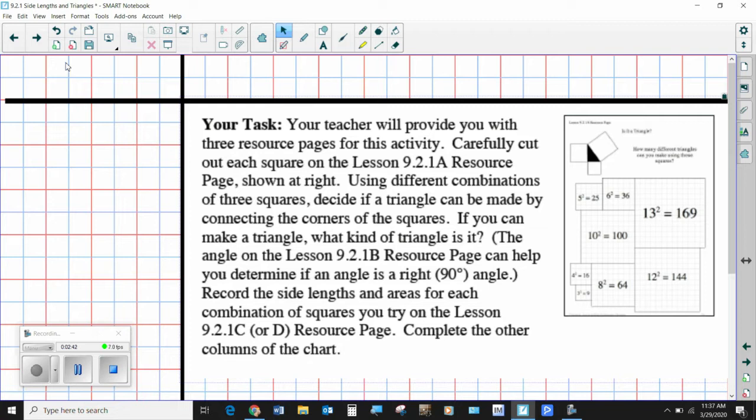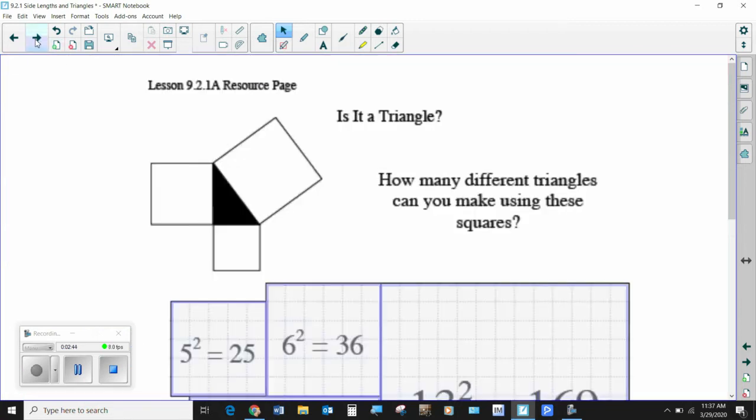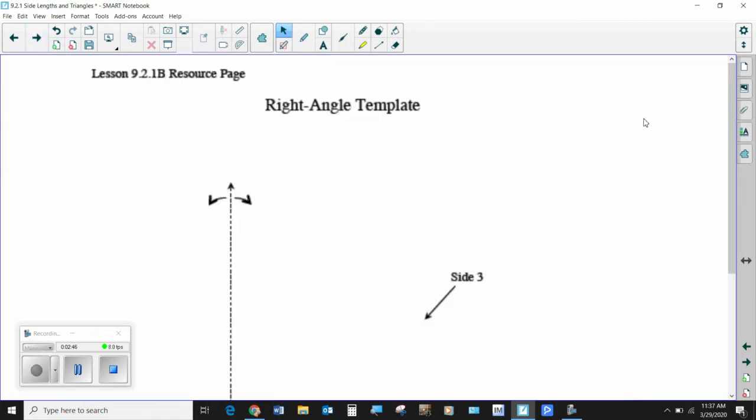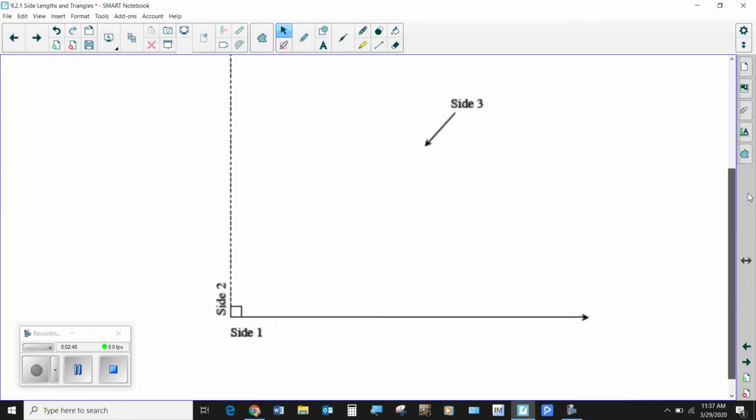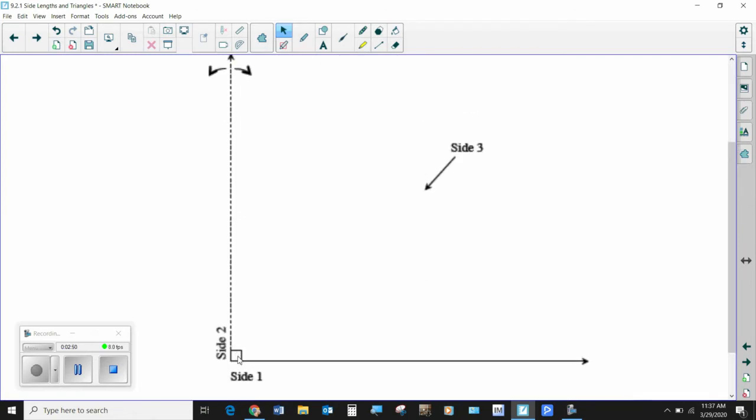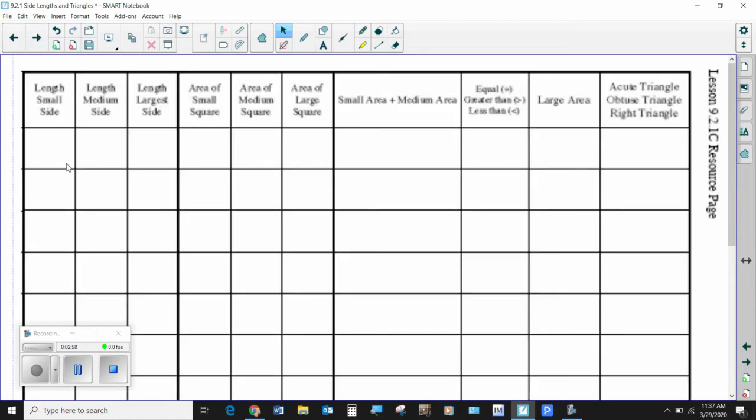You are also going to get a sheet that looks like this that has a right angle. We're going to use this as our tool, so you will not cut anything out from this worksheet. Just leave it intact. And then the third worksheet that you're going to get is going to look like this. It's going to be a table for you to fill in the numbers.